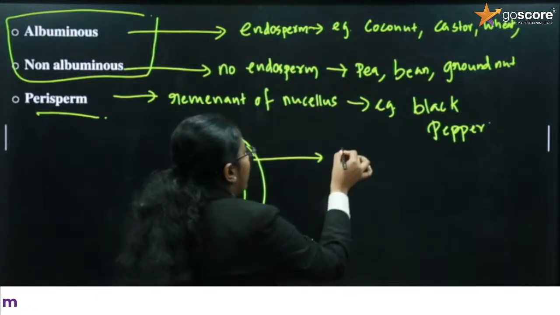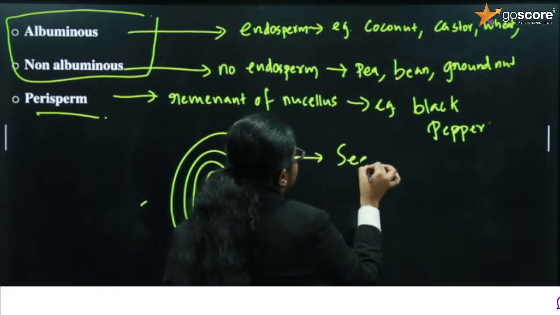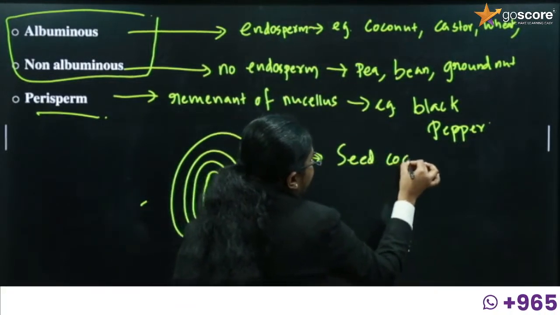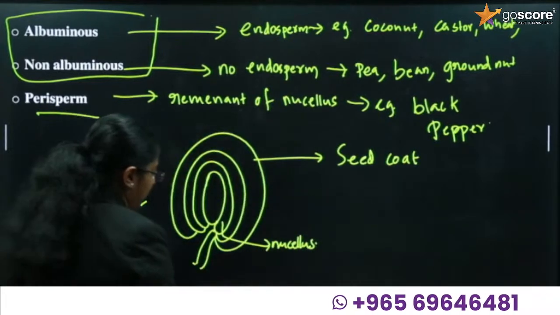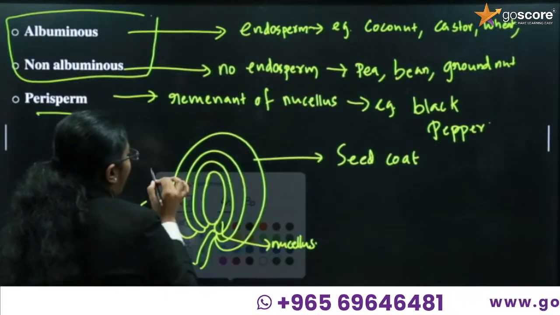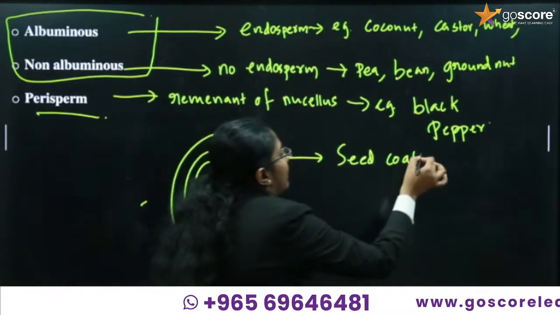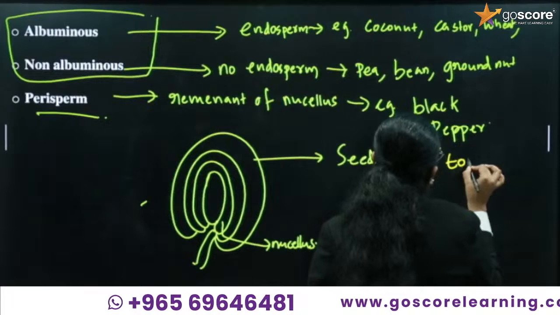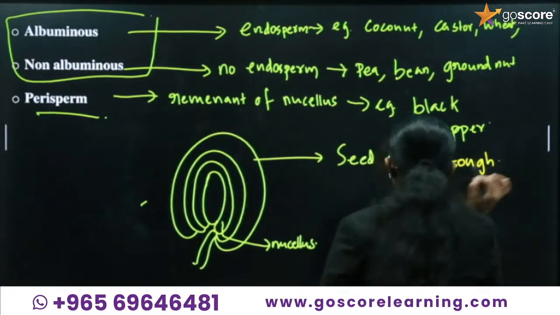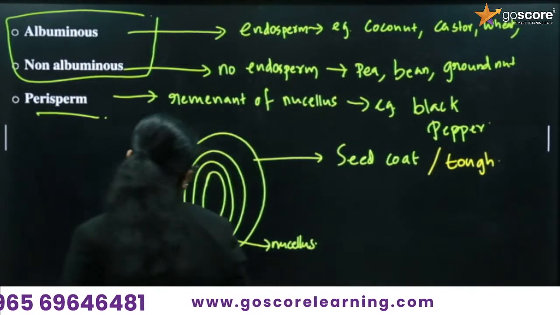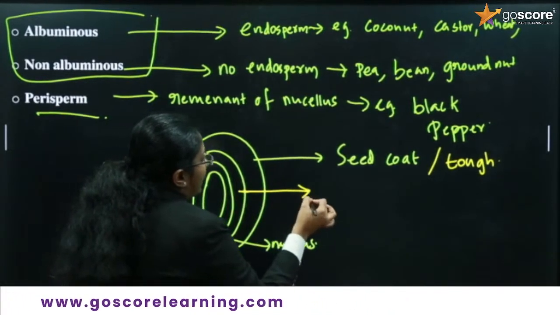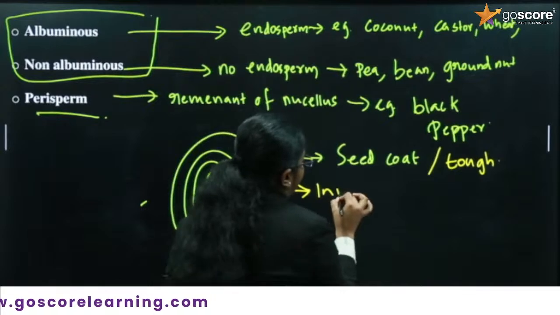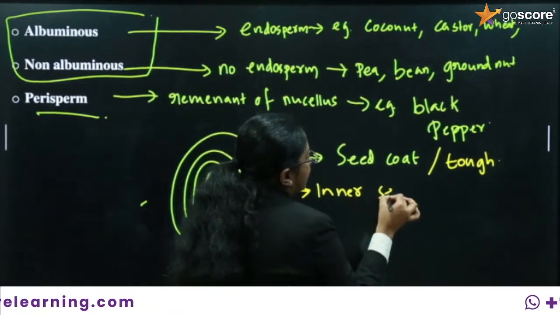Outer integument will act as the outer seed coat, and this outer seed coat is tough in nature. Then the inner integument is the inner seed coat.